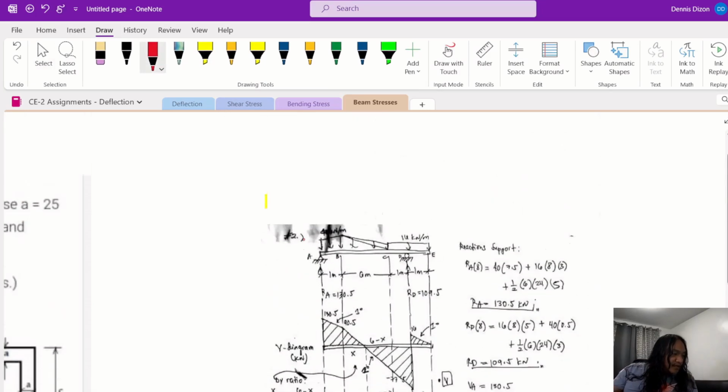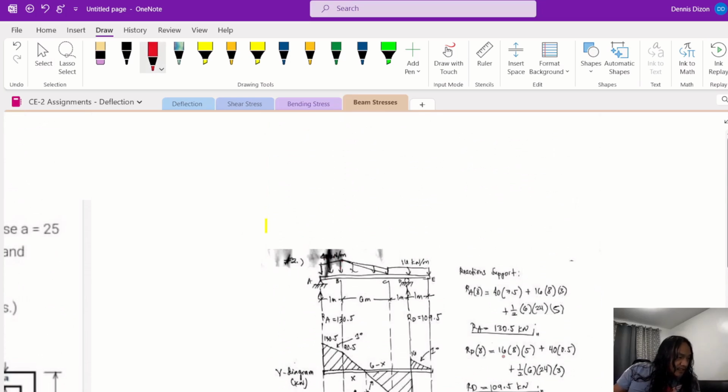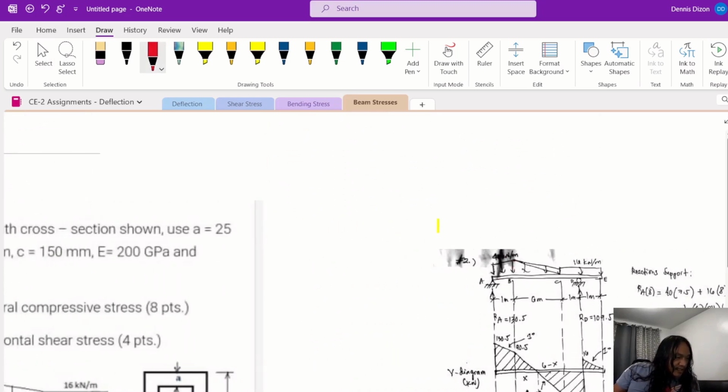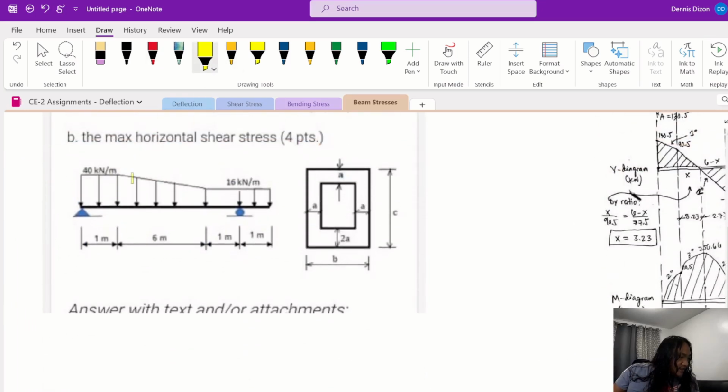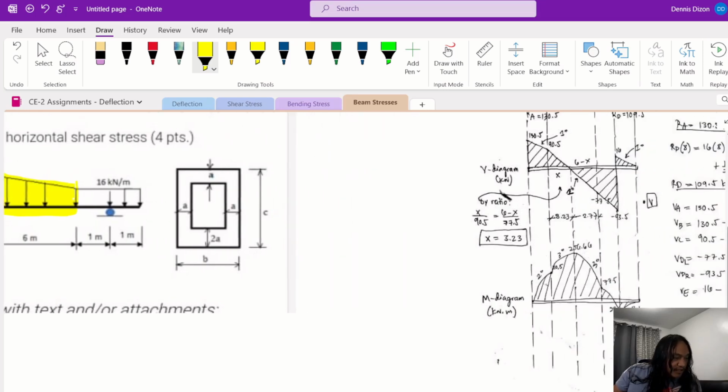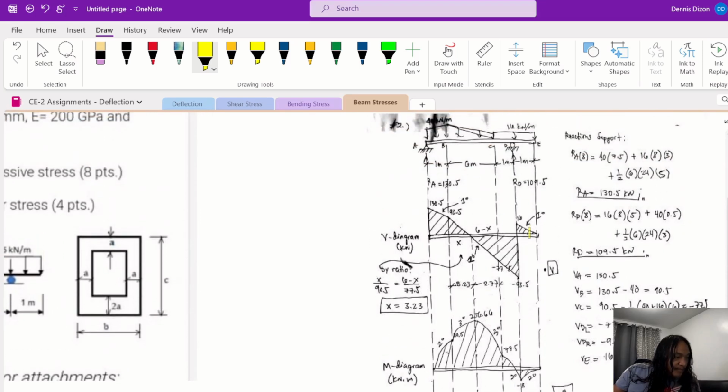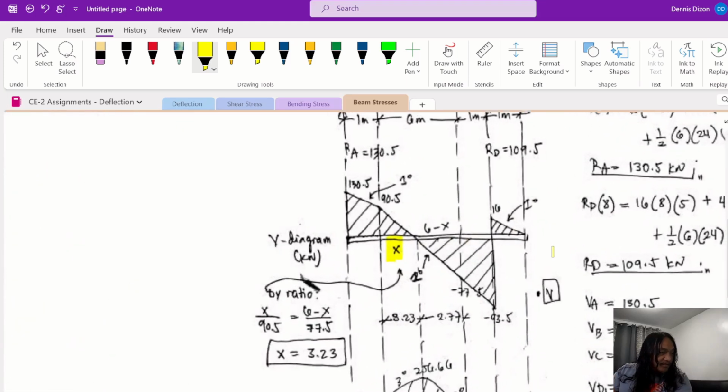So what I noticed from this solution, this is a trapezoidal load. So this portion here, this part of the load, is a trapezoid. Now in his shear diagram, to calculate for this value x, let's zoom this one here.